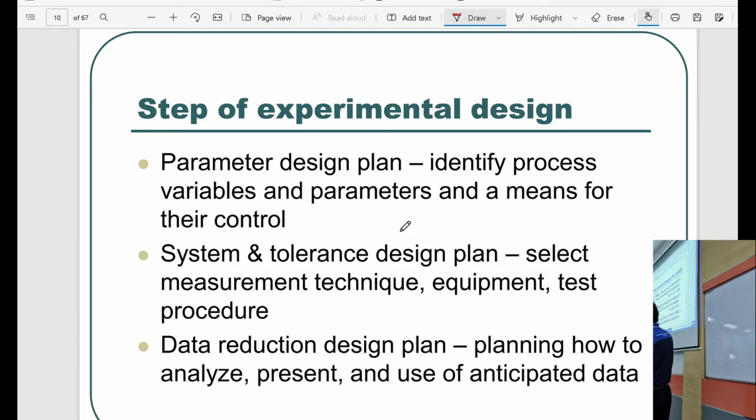Usually in terms of storage, we choose the best data. We already filter the noise, remove the interference and so on, and sometimes you do another post-processing step to make sure that only a single data value is stored. So it depends on us. So: parameter design, system tolerance, measurement techniques, and the last one is data reduction, data planning for the display.